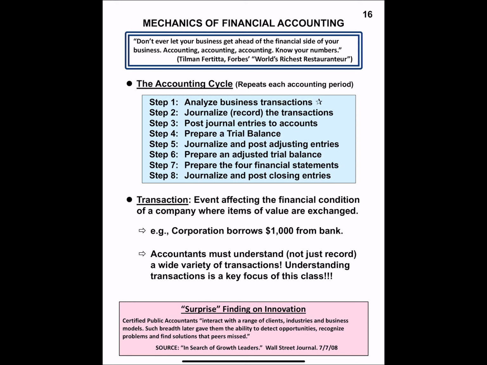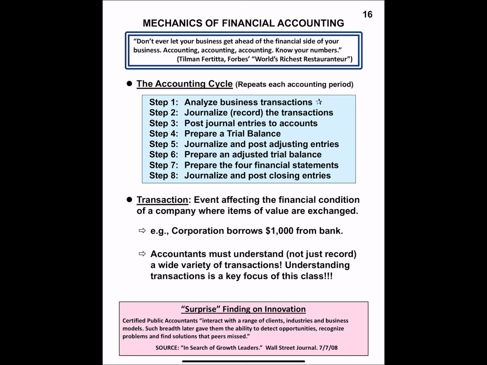Once you do the cycle for one period, it keeps repeating itself. Whether it's monthly, quarterly, or annually, companies go through this accounting cycle. At the heart of the accounting cycle, step 1 is understanding what we call a business transaction. This is some event that affects the financial condition of a company where items of value are exchanged.